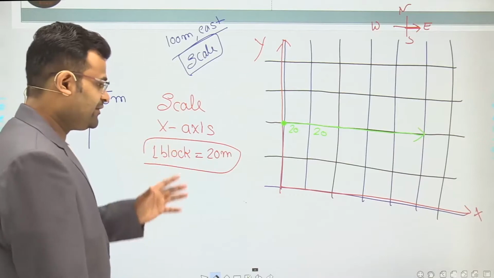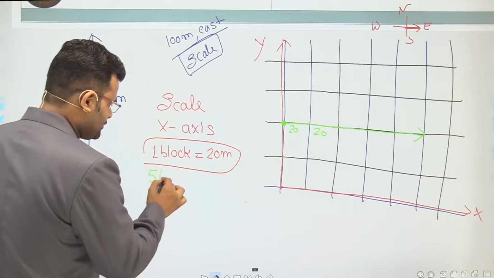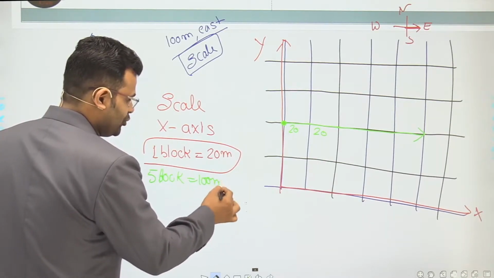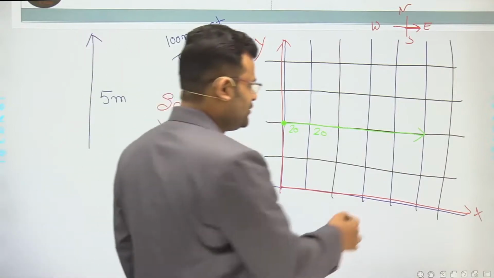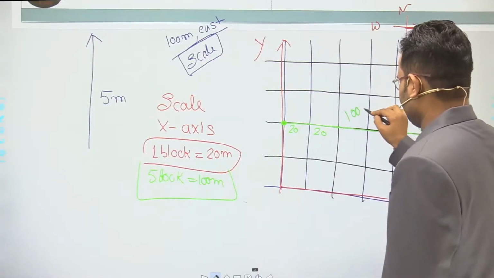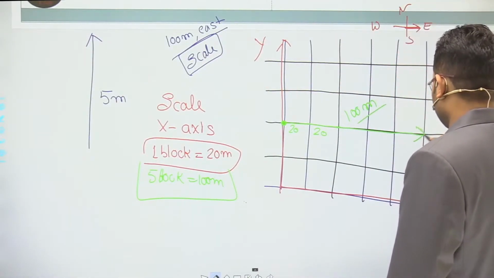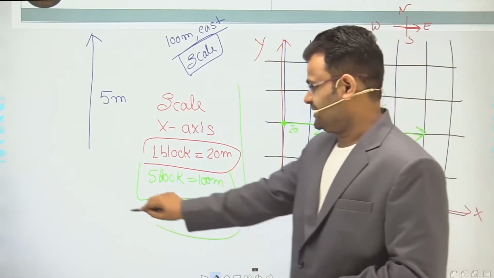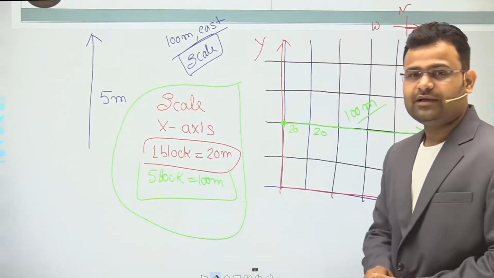If we use 5 blocks, then we can draw a 100 meter line. So that is a 100 meter line on a single paper. Okay, that is the role of a scale.